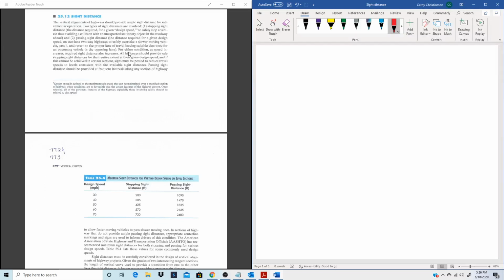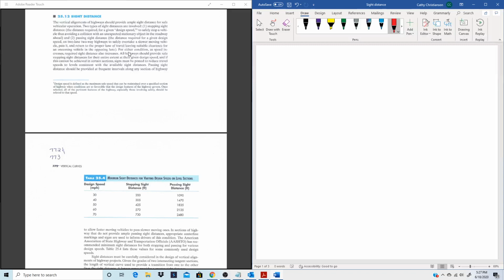And then if we're working with vertical curves, and we have some criteria that we can measure, can we figure out what the length of our vertical curve is? This is working with sags, and this is working with a crest.